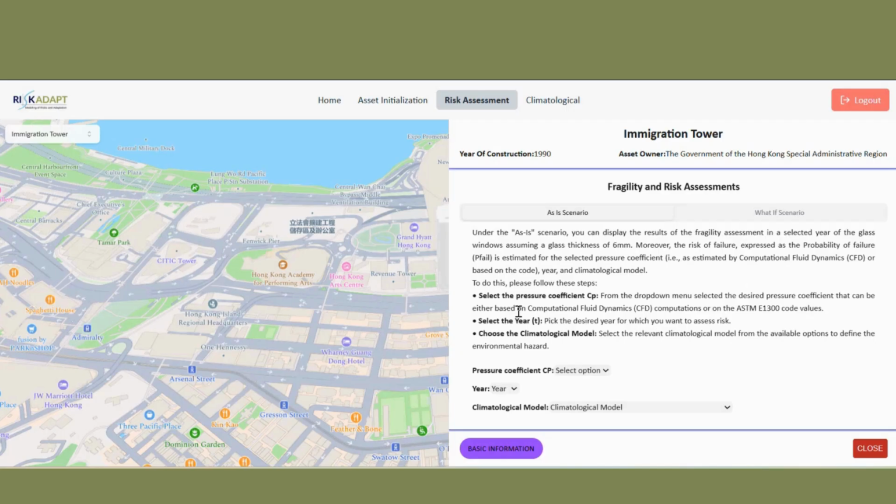So the idea is to provide all this information in a platform, so every stakeholder, even an engineer, a climatologist, or the municipality which designs the policy and would like to know the assets, the stock, can benefit from having a tool like this.